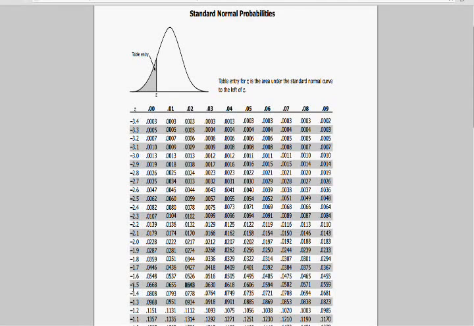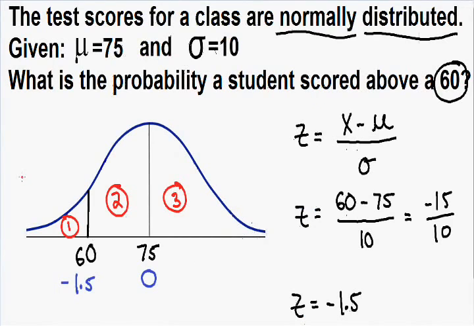So we need the area to the left of negative 1.50, which is this number right here, 0.0668. So we know that the area to the left of negative 1.5 is equal to 0.0668, or you could say that this area is 6.68% of the area under the curve.